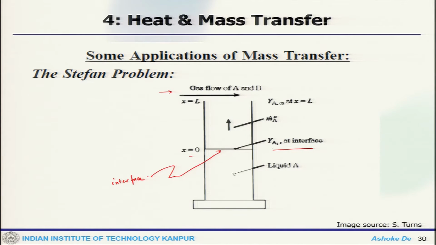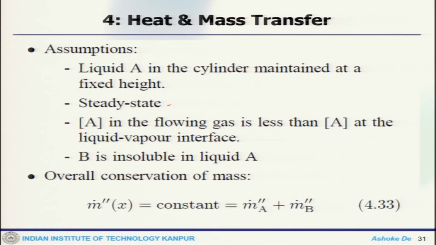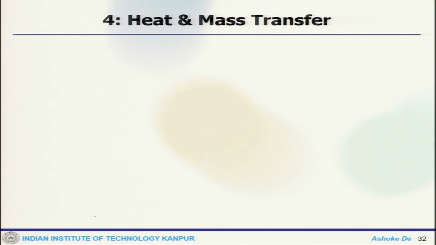Now, what it says is that concentration of A in the flowing gas is less than that at the interface, and B is insoluble in liquid A. Now, one can write the overall conservation of mass, that is m dot x is constant, which is the sum of m dot A and m dot B. So, that is your mass conservation, which is one of the basic fundamental principles.